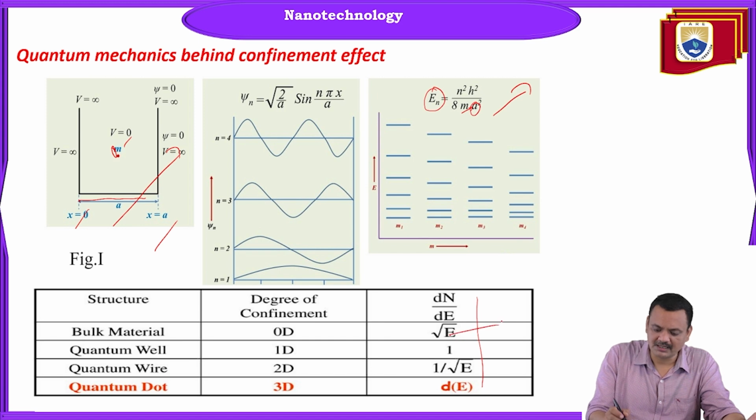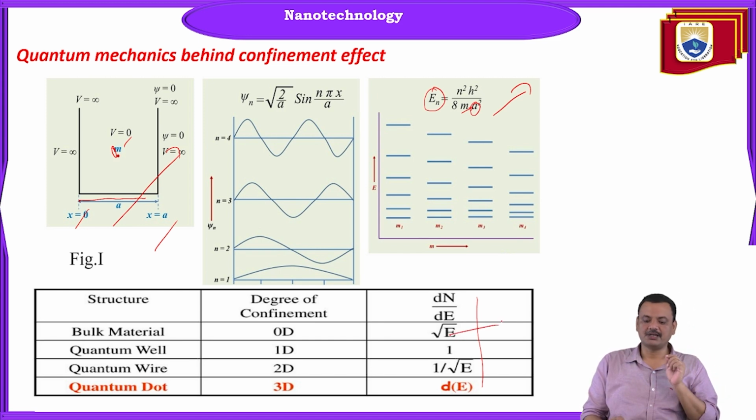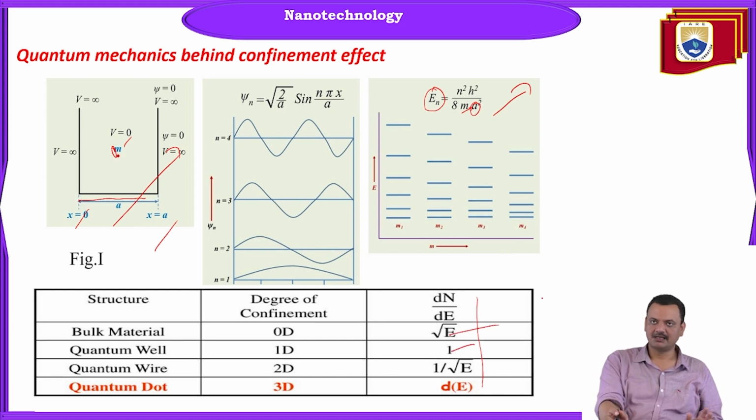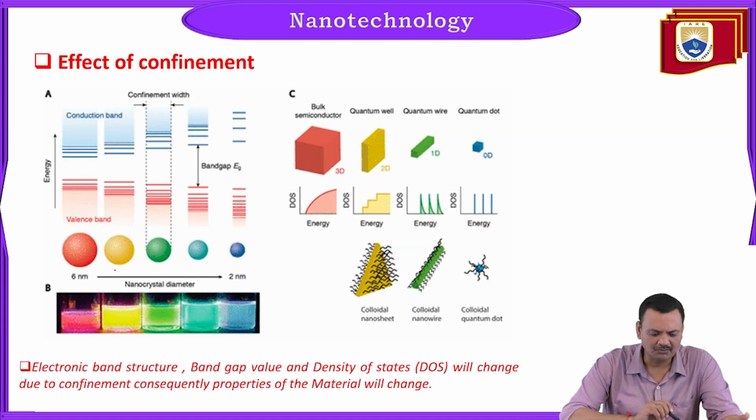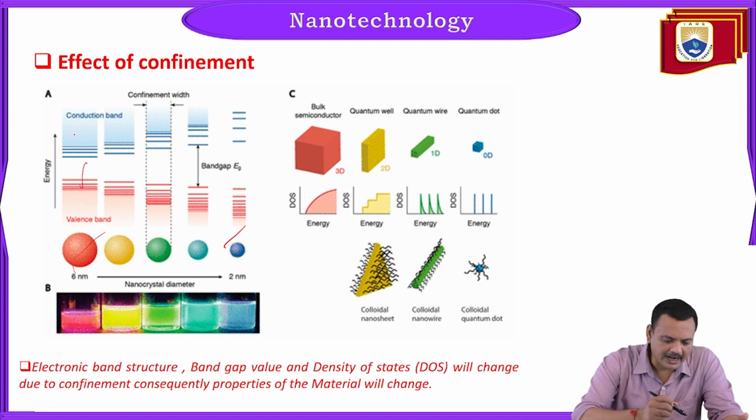In bulk material it varies by root E. In a quantum well it is constant. In a quantum wire it varies as 1 by root E, and in quantum dots it is a delta function. Okay, now see here, once it moves from bulk to nano. In bulk, this is your band gap.